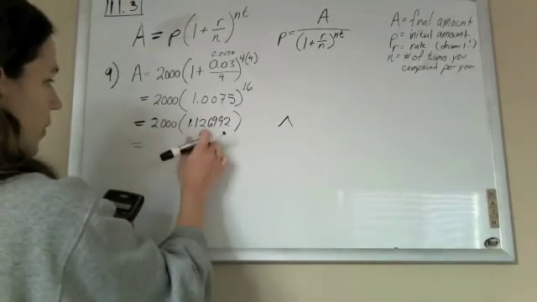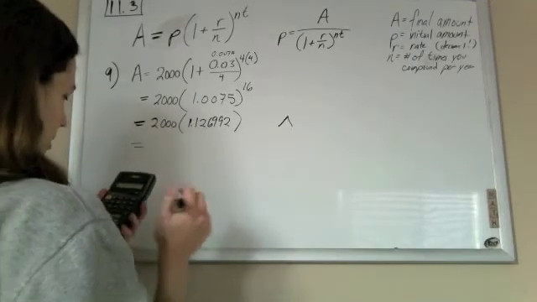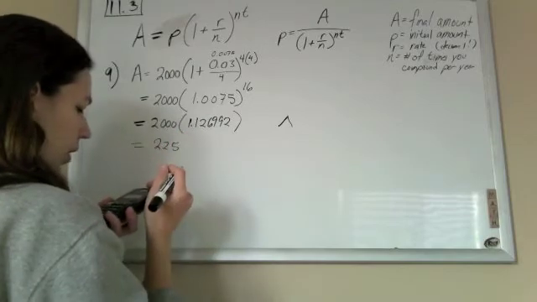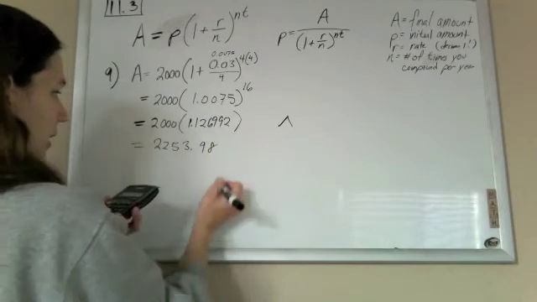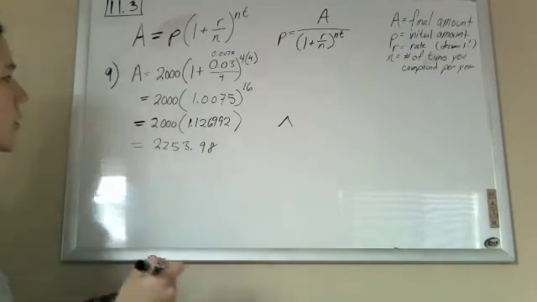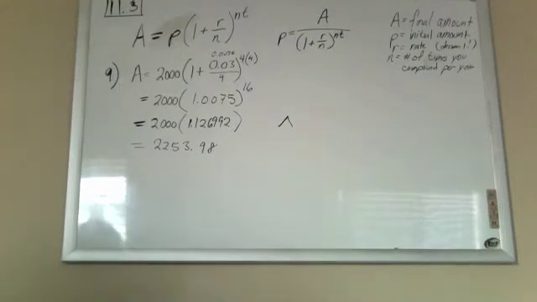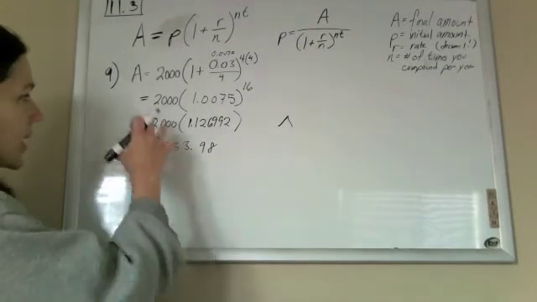So now if you just multiply those two together, you get 2253.98. So that should be the final answer. Let me check it. Yep, we're looking good. And so that's the final amount.